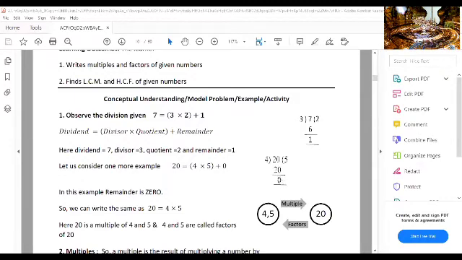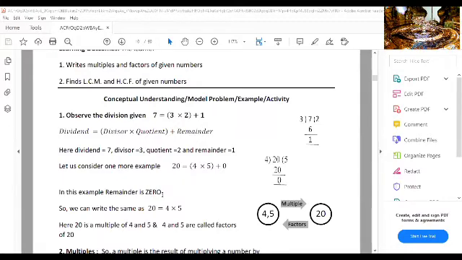That means the remainder value is 0. Now this can be written as: the dividend 20 equals the divisor 4 into the quotient 5, plus the remainder 0. Therefore 20 can be written as 4 into 5 plus 0, by using this formula: dividend equals divisor into quotient plus remainder.